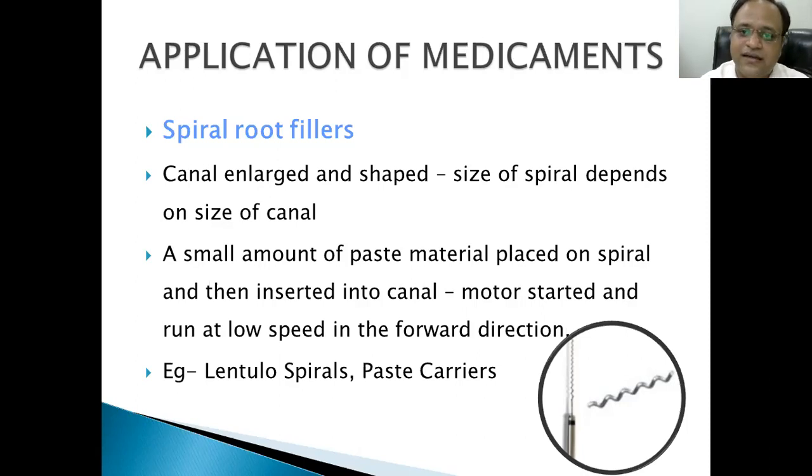On the instrument level, they are all the same products, but each company has a different amount of material used to manufacture these spirals. So they have a recommended speed from 500 to 800 rpm. Please, before using these paste carriers, you should see what the manufacturer has told, what rpm you have to use these lentulo spirals.